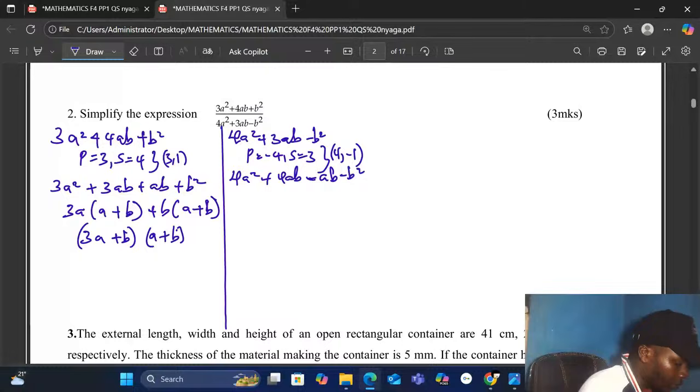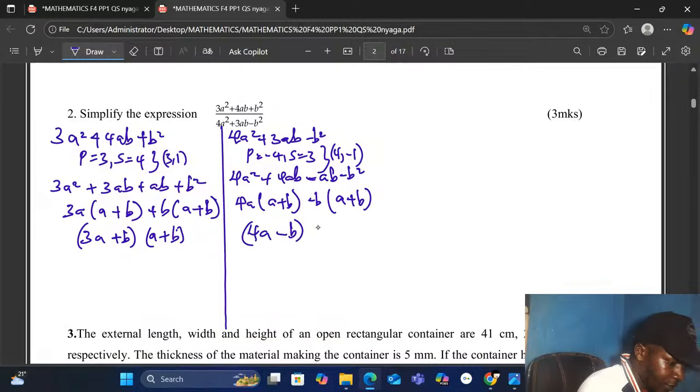So we factor out, and our answer is 4a minus b, and then a plus b. So this is the numerator, this is the denominator.